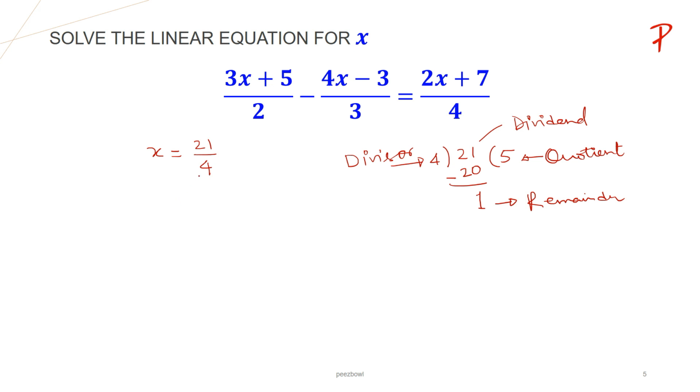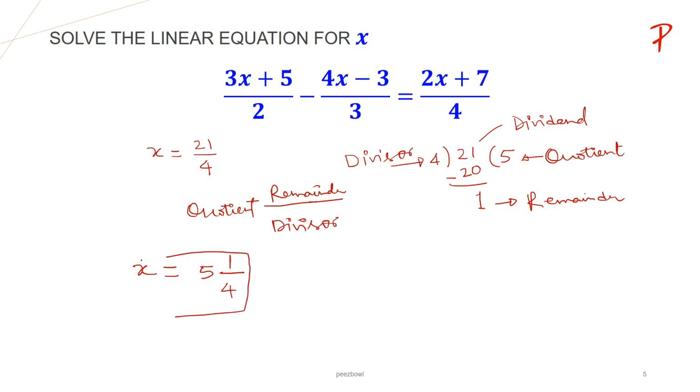Okay, so in order to convert an improper fraction to a mixed fraction, we need to write the quotient first, and then in the numerator place we will have the remainder, and at the denominator's place we have the divisor. In this case, x is equal to the quotient 5, then the remainder 1, and the divisor 4, right? So 5 1 upon 4 is the answer.